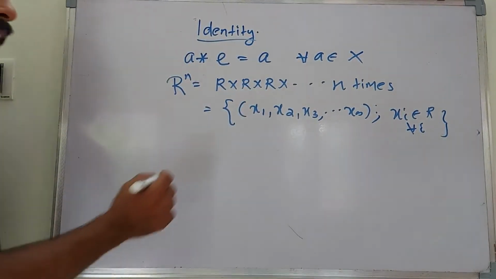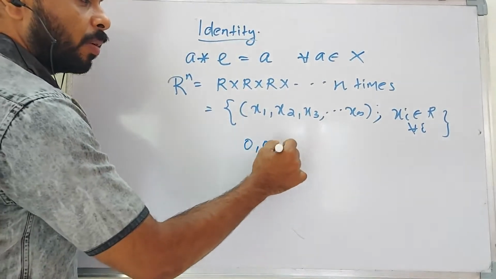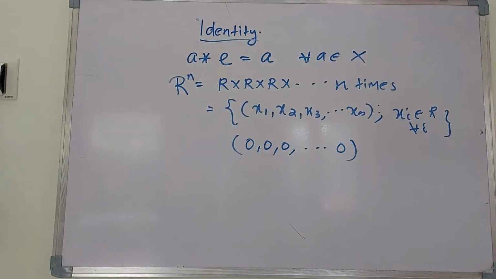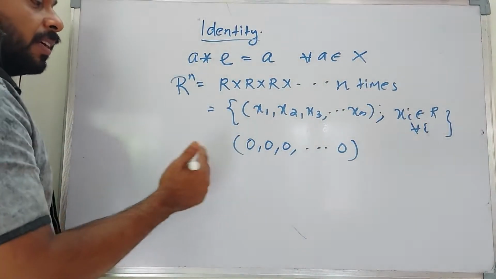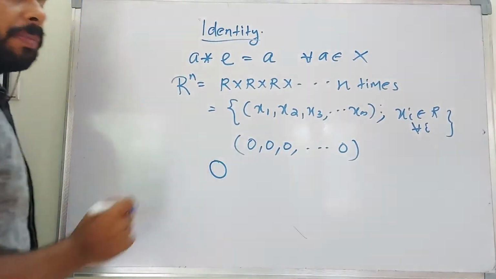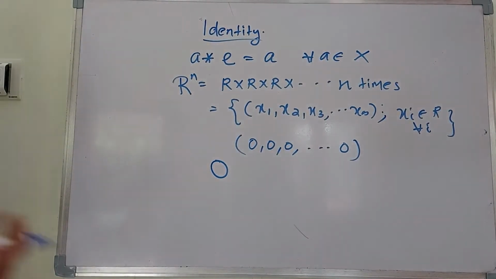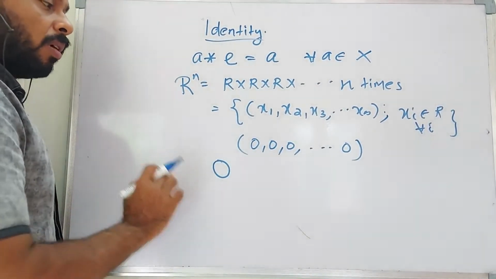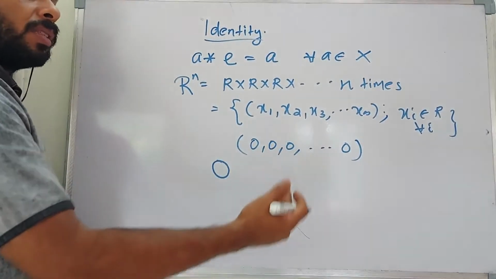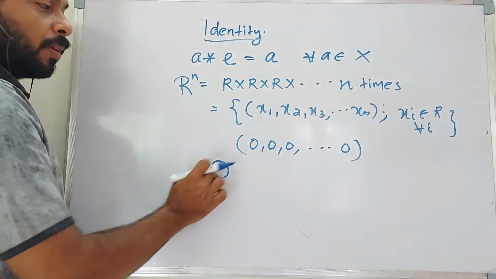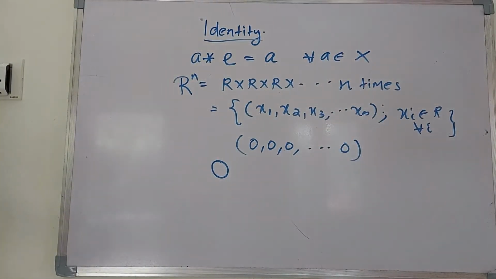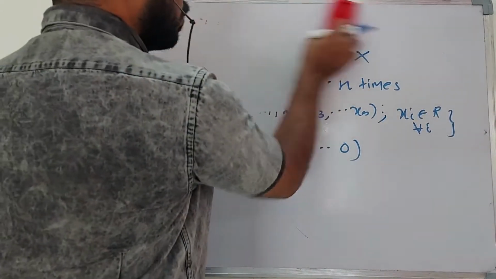Here, the additive identity is 0, 0, 0, etc. The n-tuple of zeros is the additive identity. And in any space, the additive identity is denoted by the symbol 0. In R, it is the digit 0. In R2, it is the ordered pair 0, 0. In R3, it is the triplet 0, 0, 0. And in Rn, 0 means 0, 0, 0, etc., n zeros as an n-tuple. This is the existence of identity.